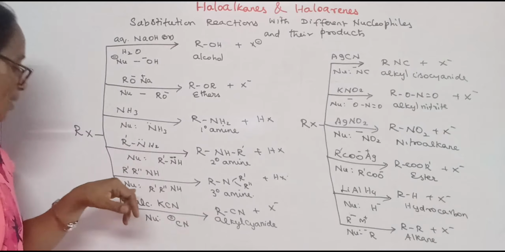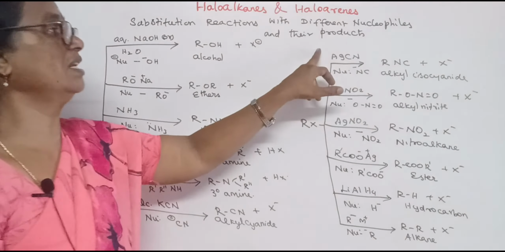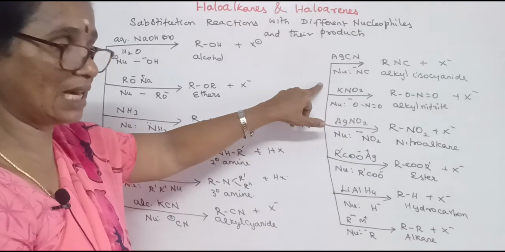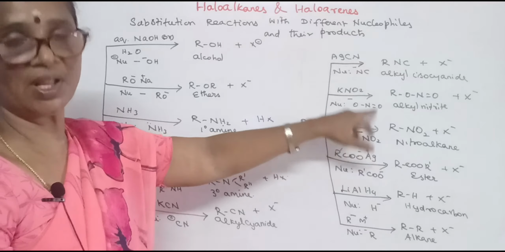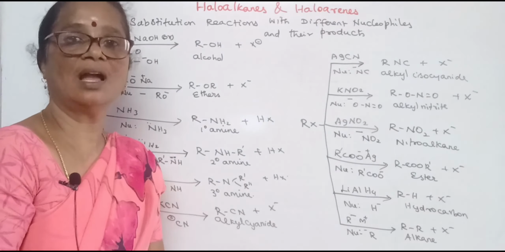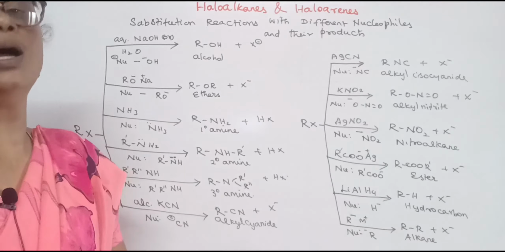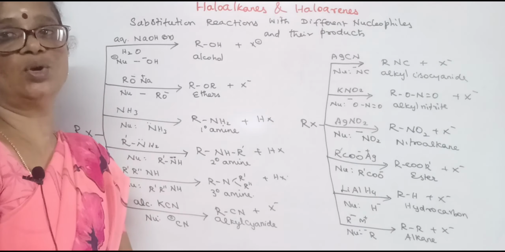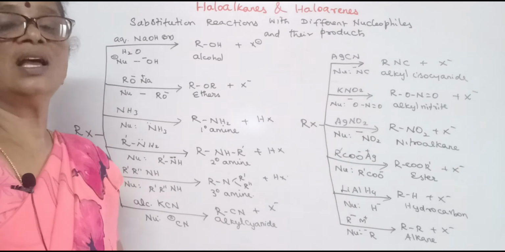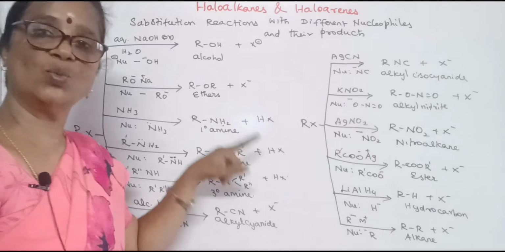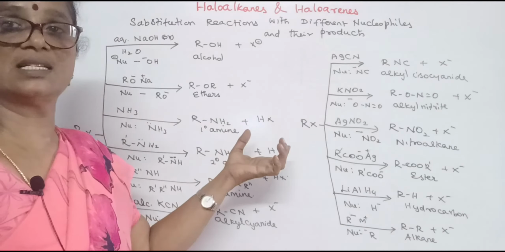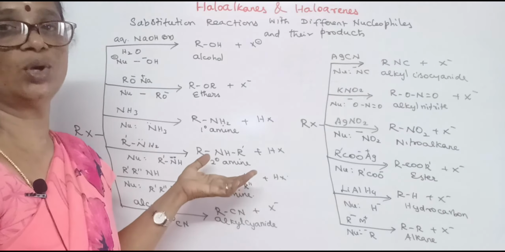And potassium cyanide, silver cyanide, potassium nitrite, silver nitrite, these are ambident nucleophiles. What are called ambident nucleophiles? The nucleophiles which have more than one nucleophilic site are called ambident nucleophiles.